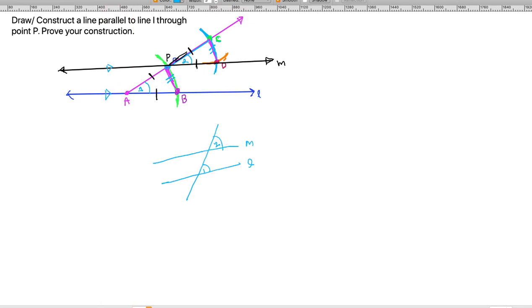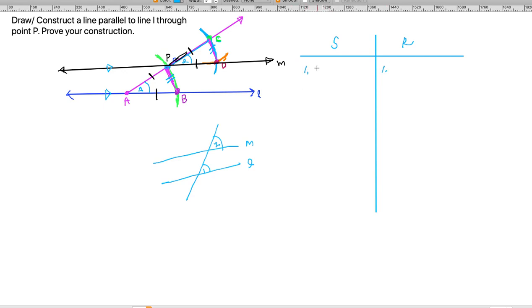Now I'm going to write out statements and reasons and say this whole thing again. So from our construction, we already have a certain set of statements.